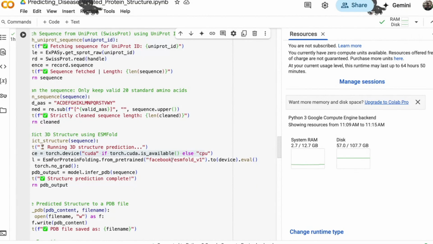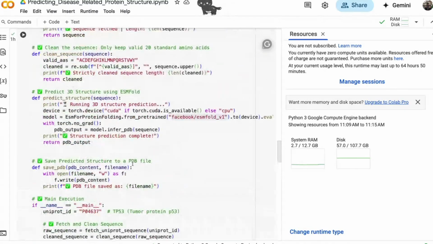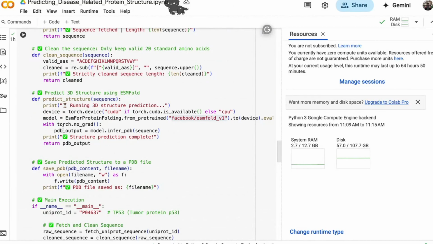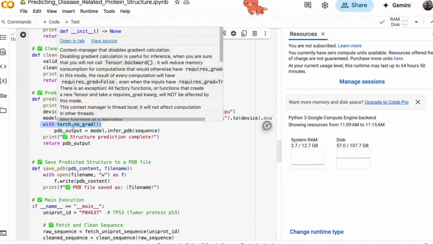Meta has designed ESMFold, right? So it'll load the whole ESMFold version 1 and mount it to the GPU here. Once it's mounted, we use torch no_grad, which makes sure that there are no gradients in the computation.